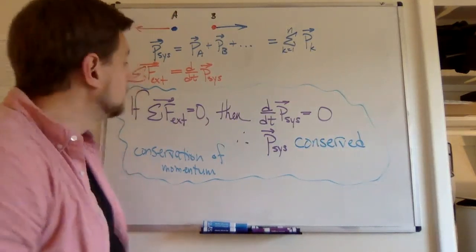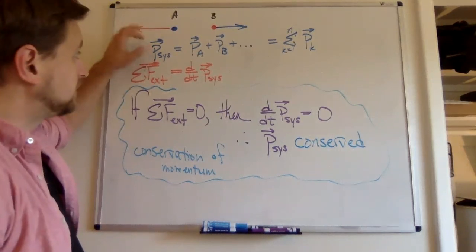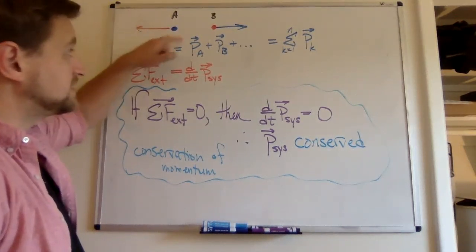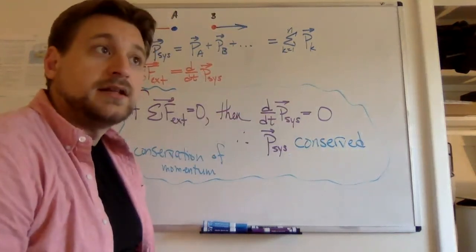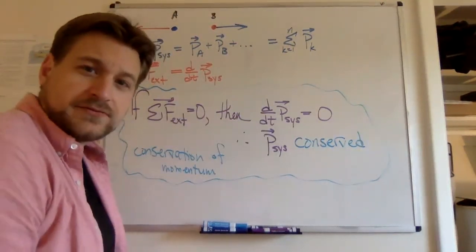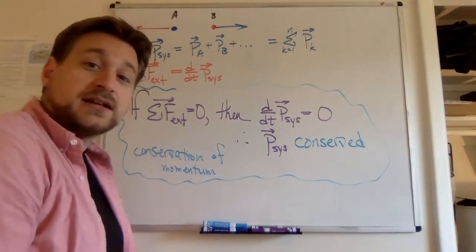It's exciting. This definition, that the momentum of the system is the sum of the individual momenta of its constituent parts, that also is going to have a consequence, and that's something we will unpack in another segment.